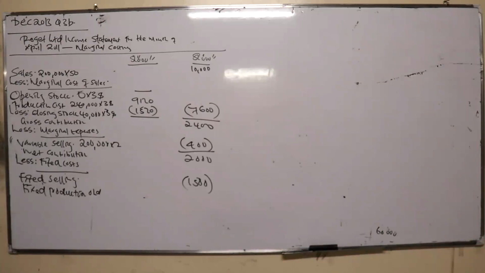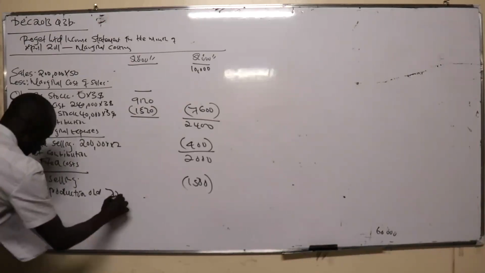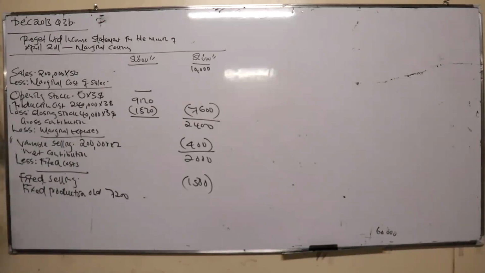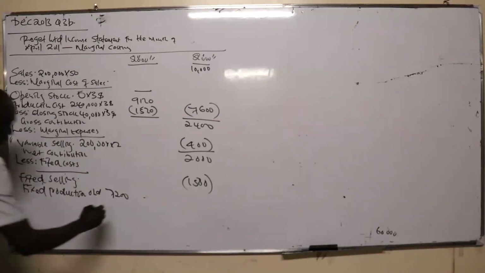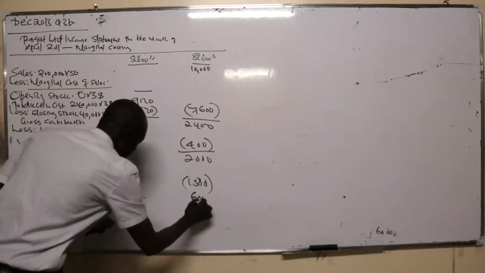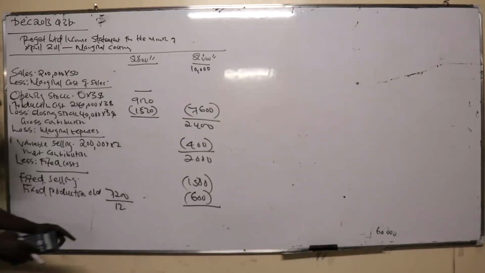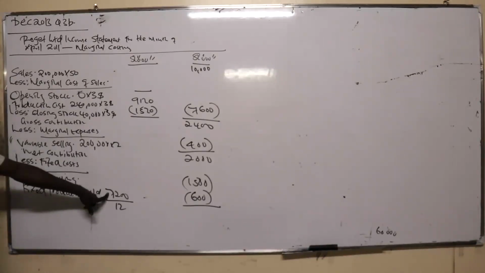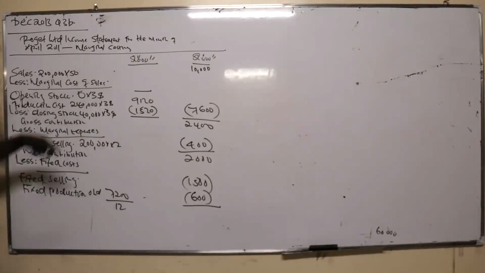The fixed production overheads per annum was 7,200,000. So this was the total fixed production overhead for the whole year. So you divide this one by 12 because you're doing it on monthly basis. So this is the fixed production overhead 7,200. You divide by 12. So you get that this is 600,000. This is the total fixed production overhead for the whole year. And remember, we're only preparing the income statement for the month.